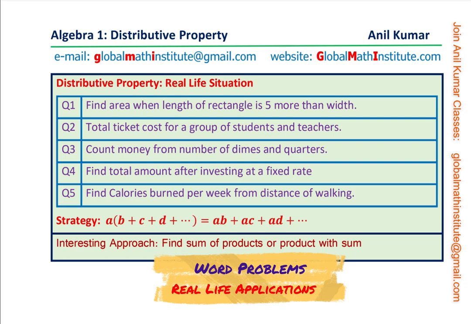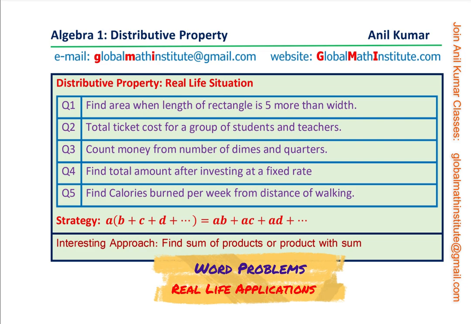Find area when length of rectangle is 5 more than width, total ticket cost for a group of students and teachers, count money from number of dimes and quarters, find total amount after investing at a fixed rate, and find calories burned per week from distance of walking.